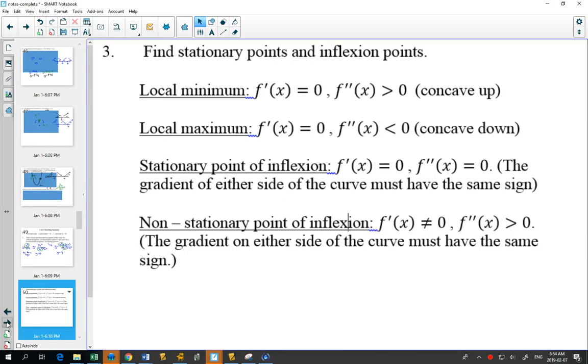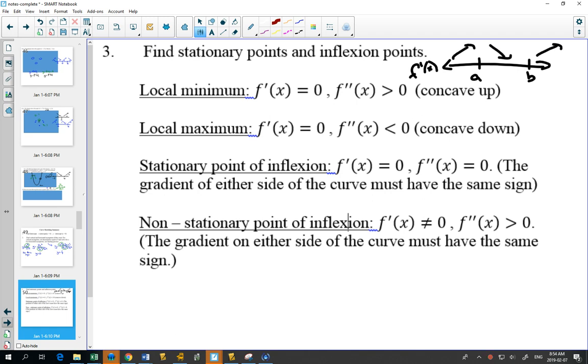Then we start to get into our calculus. We want to find our stationary points and inflection points. To summarize the whole of step 3, it's where you find your derivative, set it equal to 0, and find out where it's increasing, decreasing.